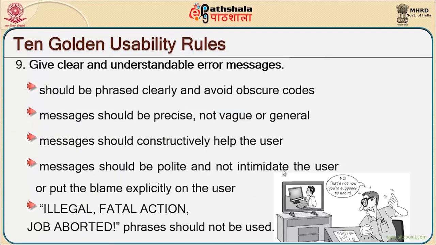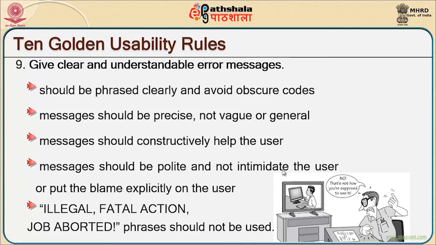Rule 9. Give clear and understandable error messages. Any message that pops up as an error message needs to be clear. It should not be empty or fail to give a clear understanding of where we have gone wrong. It should be phrased clearly and avoid obscure codes.